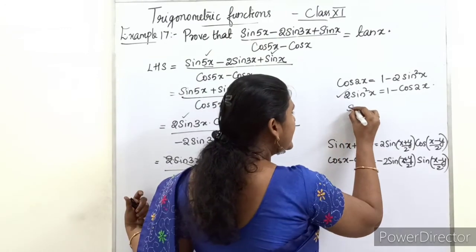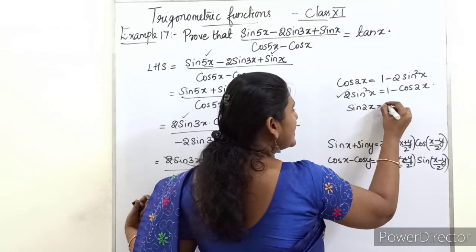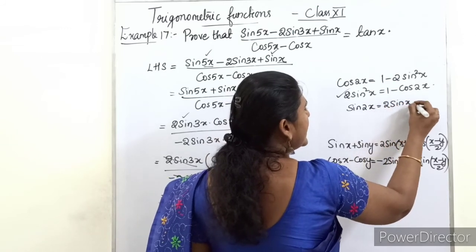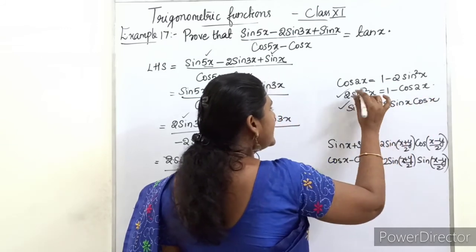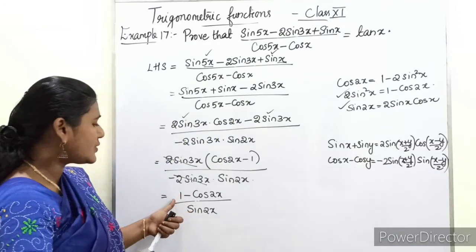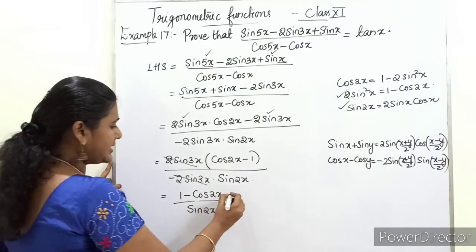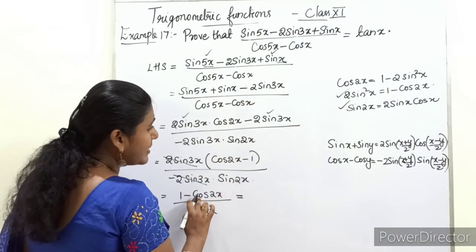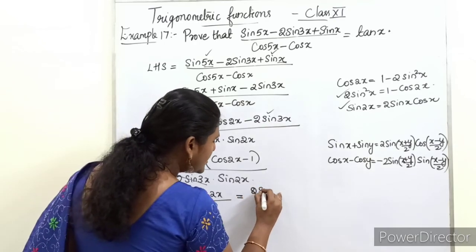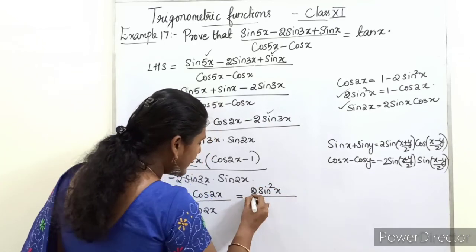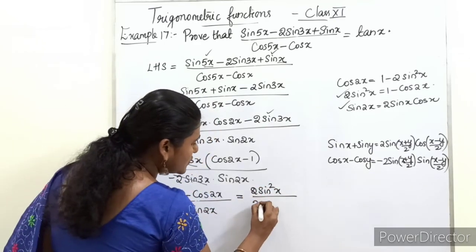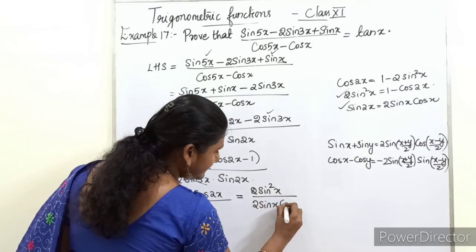Similarly, what is the sin 2x formula? Sin 2x is 2 sin x into cos x. So these two formulas we are going to use in the numerator and denominator. That is, in place of 1 minus cos 2x we can write 2 sin square x divided by, here I can write, 2 sin x cos x.